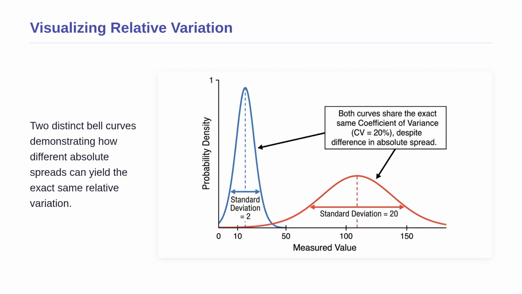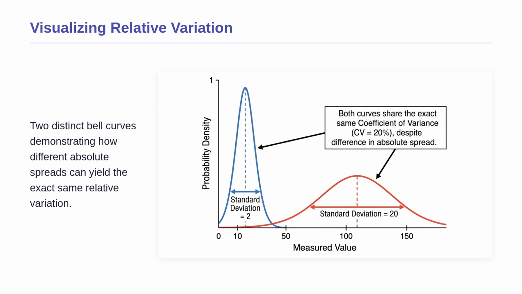Now that we have calculated these values, let us visualize what relative variation actually looks like. On screen, you are seeing a graph with two very different bell curves plotted on a measured value axis. The tall, narrow curve on the left has a small mean of 10 and a tight standard deviation of 2.